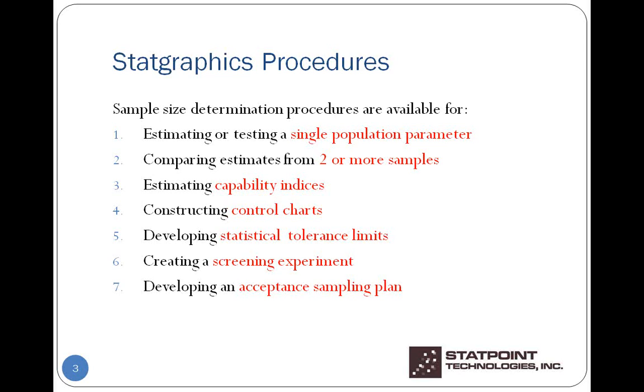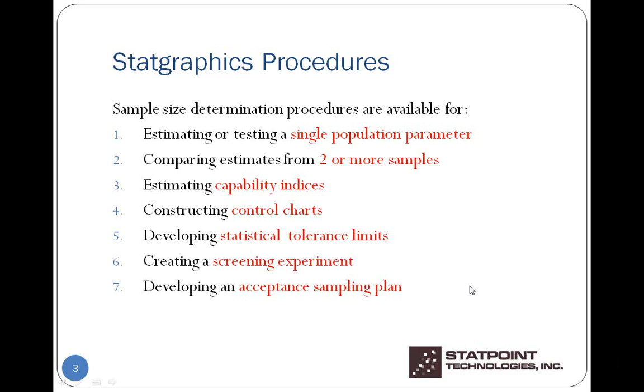We have a procedure in Statgraphics for comparing capability indices, for estimating capability indices. There's one for constructing control charts, another for developing statistical tolerance limits. We have a procedure that will help tell us how big an experiment we need to do if we're doing screening. And there are also a couple of procedures in Statgraphics for developing acceptance sampling plans.